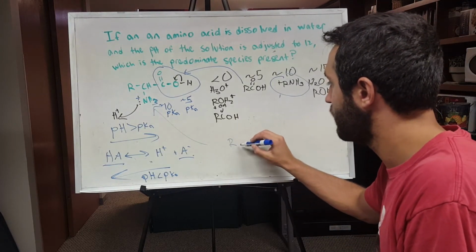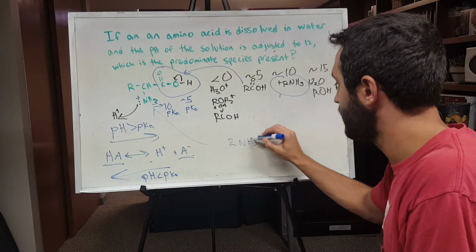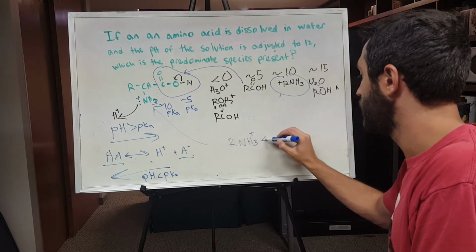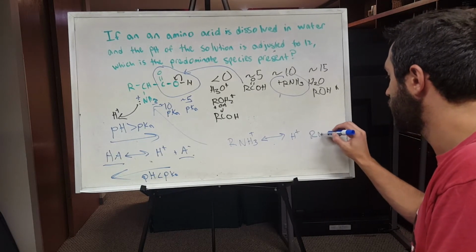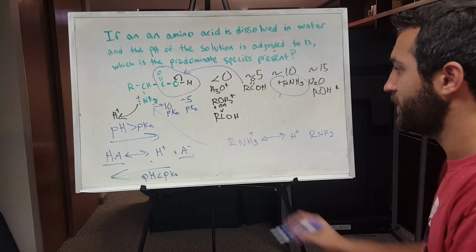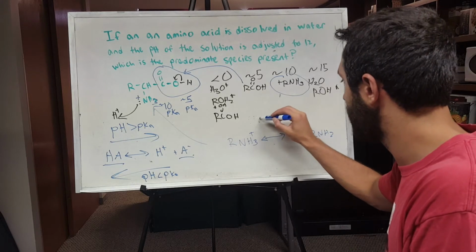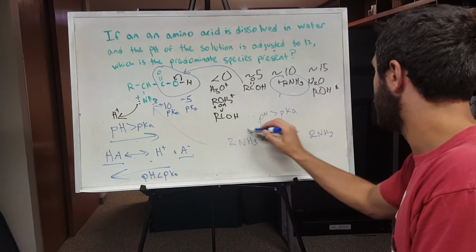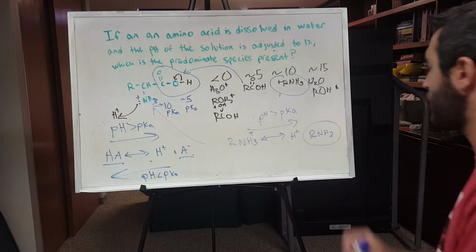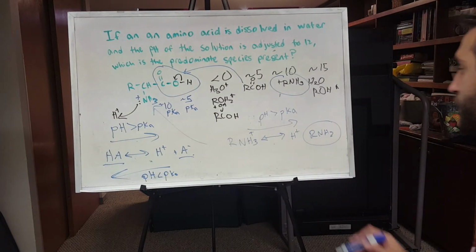We have RNH3 plus in equilibrium with H plus and RNH2. Here pH is greater than pKa for both of these, so we're going to shift over here. We're going to have that form on our amino acid.